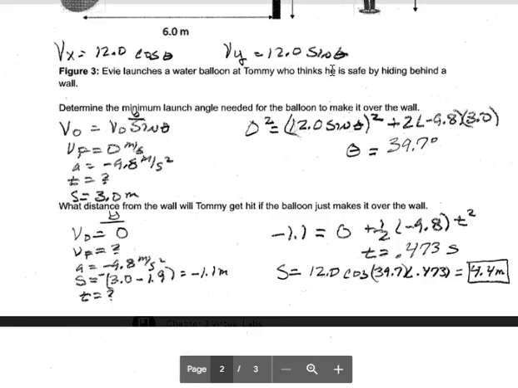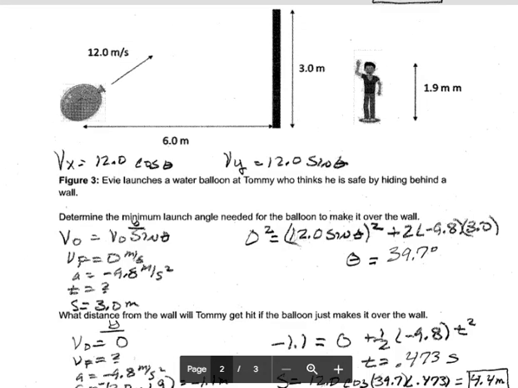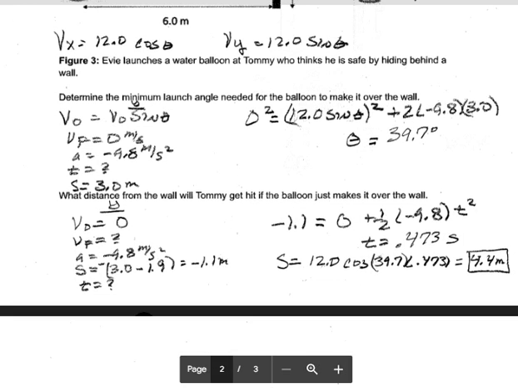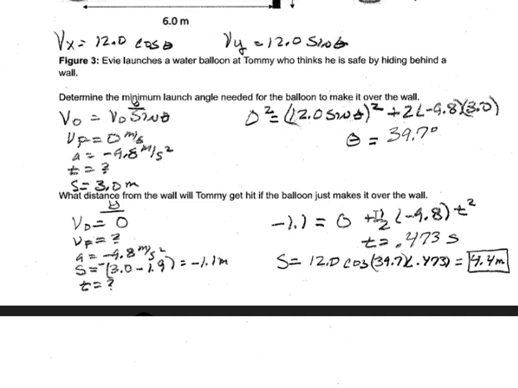I made that negative because the balloon is 1.1 above Tommy's head, so a negative 1.1 downwards gets Tommy in the head at least. So I find the time it takes to go negative 1.1 meters downwards, and that's 0.473 seconds. Then I just use s equals v in the x direction times t to find out where Tommy needs to get hit in the head with this water balloon.